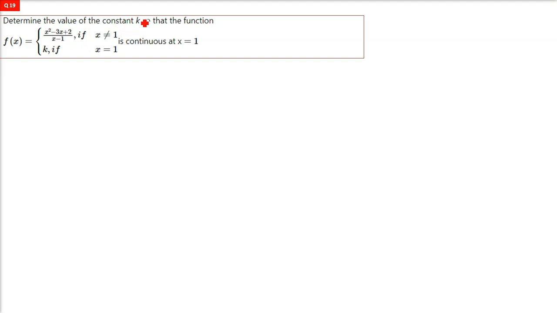Determine the value of the constant k so that the function is continuous at x equals 1. The same thing we are going to do here. We'll equate this k, which is the actual value of the function at x equals 1, to this limit, x square minus 3x plus 2 divided by x minus 1.